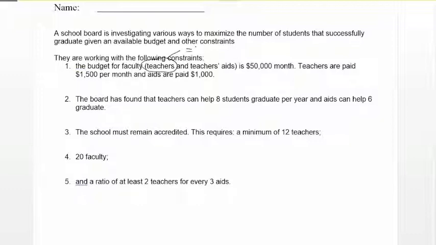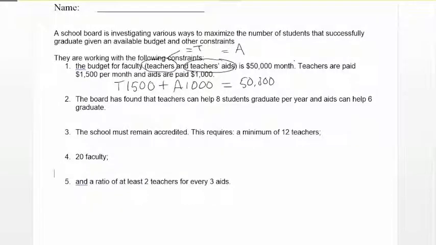So let's let teachers equal capital T and teachers' aides equal capital A. Then for the first constraint, the $50,000 budget will be $1,500 times the number of teachers plus $1,000 times the number of aides equals the $50,000 per month.